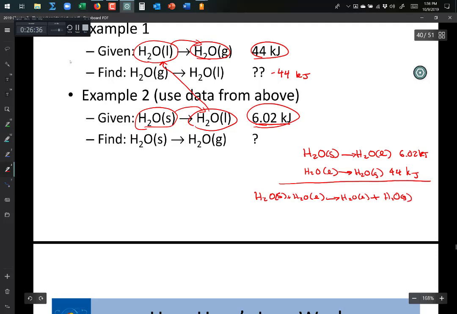But these are the same on both sides, so they don't have any effect on the energy. So this adds up to be, with sig figs, 50 kilojoules. That's how much energy it takes to go directly from the solid to the gas. This is the heat of sublimation. When you go from solid to gas state, that's sublimation.